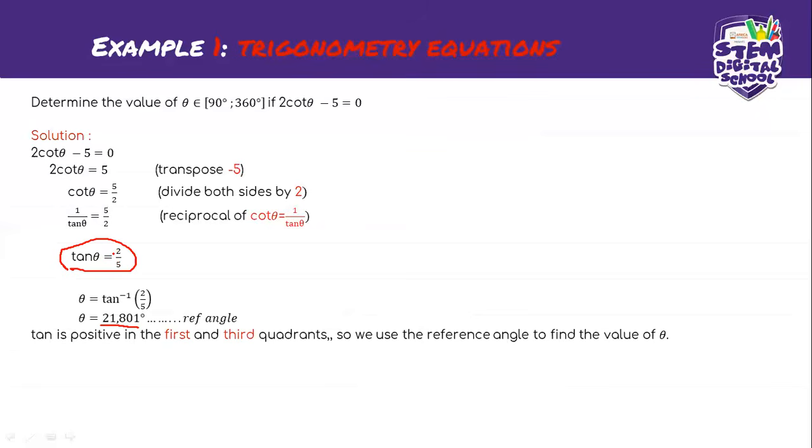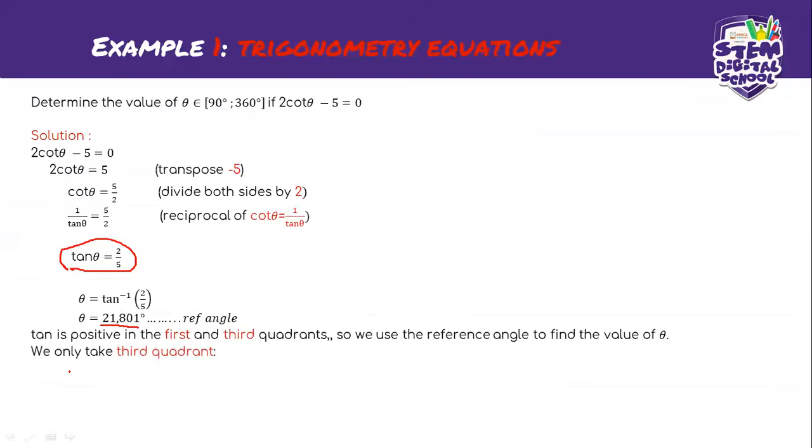If it was negative here, then we would only be looking at which quadrant tan lies in. You understand? But in this case, we can see that tan theta is positive because it equals a positive value, which is 2 over 5. So we are looking where tan is positive. So tan is positive in the first quadrant and the third quadrant.